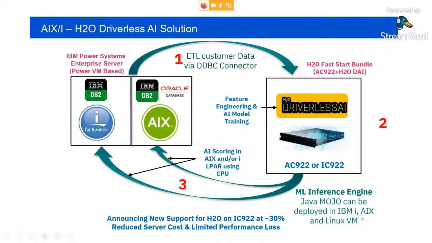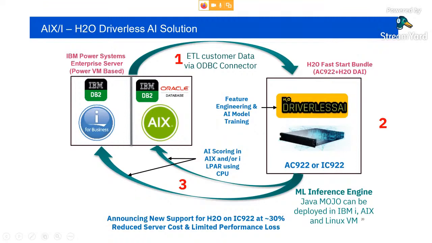The bottom line in terms of what it does is it takes the data out of your legacy Power I or AIX system. We load that training data into our AC922 running H2O Driverless. We do the necessary training, and when it's met the proper level of accuracy, we deploy it out into production, and that's step 3.